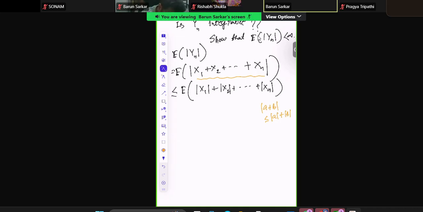This is my triangle inequality. For a plus b plus c, first apply it to the first two, giving mod a plus b plus mod c, and again to get mod a plus mod b plus mod c.